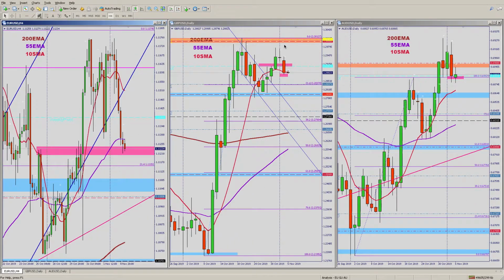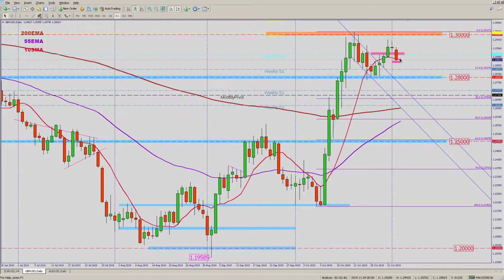Right, let's move on to cable, and the cable has also retraced lower after a slight gap down at the start of the week.